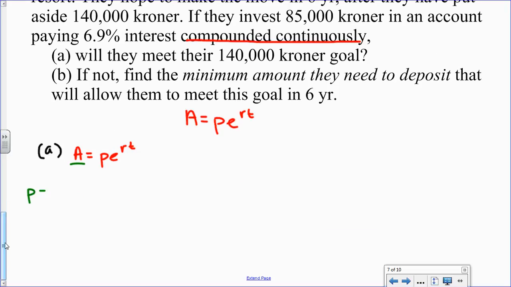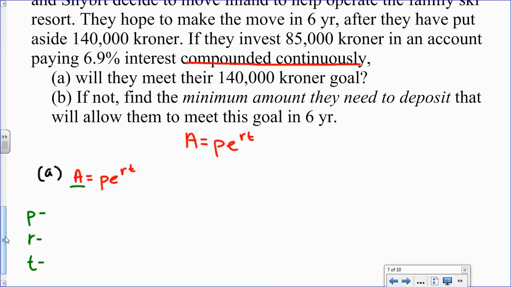So their principal, the rate, and the time need to be given to me. So 85,000 is the principal. The rate is 0.069. And then the time is 6.